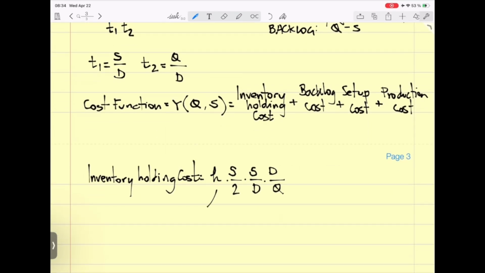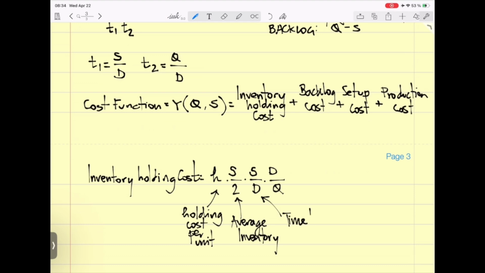This is the holding cost per unit, this is the average inventory, this is the time to consume inventory, and this is the frequency, just as in the previous model.